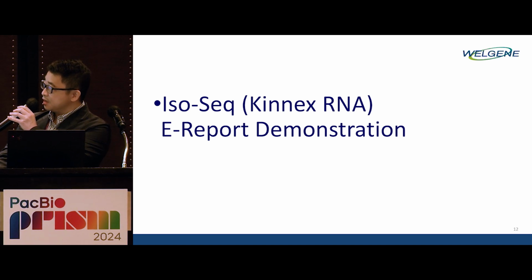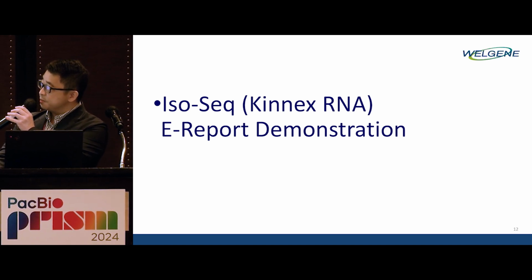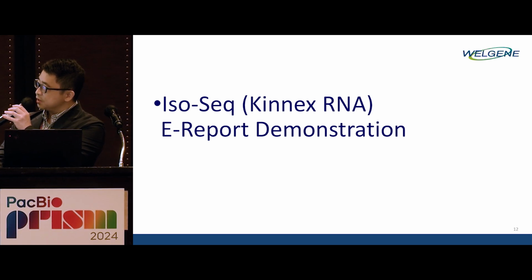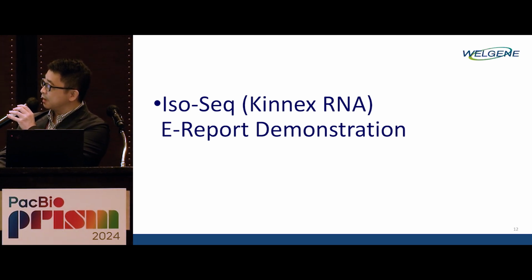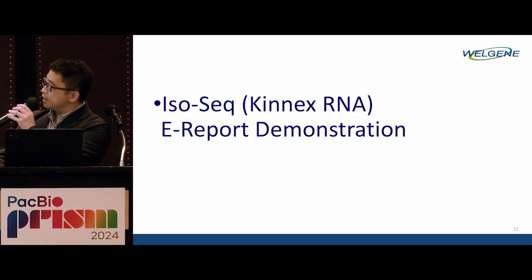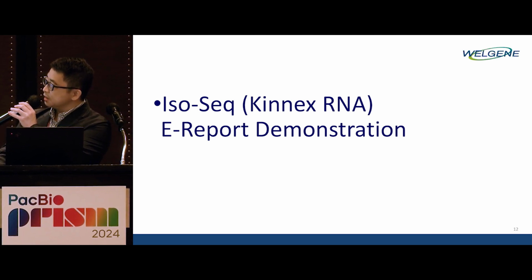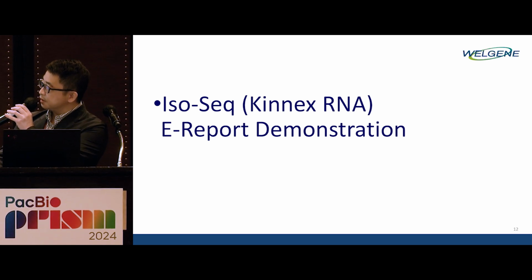You can see the experimental explanation, QC, and the library preparation, then SMRT Link information. I will not talk more about that here. And the analysis section lists the analysis tools used in this e-report. You can see here DESeq and the functional analysis.